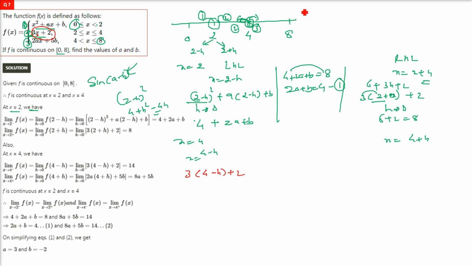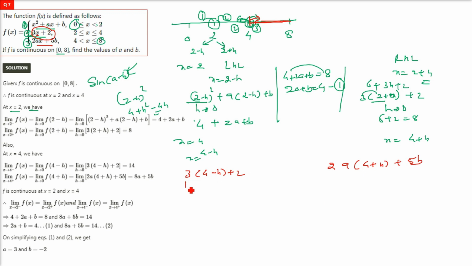And for x equals 4 plus h, I am replacing x in 2ax plus 5b with 4 plus h, because we are on the right hand side of 4, and between 4 and 8 we have to use the function 2ax plus 5b. So 2a into 4 plus h plus 5b. Now you can just put h equals 0, but let me guide you.